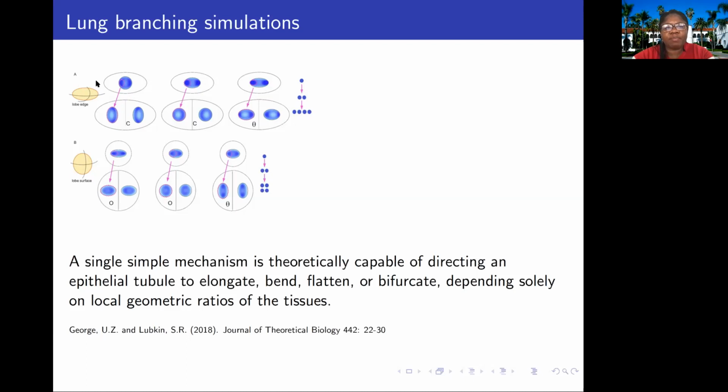The first row represents the loop edge, and then we look at different shapes of epithelium. We look at a circular one, and then we ask, what if it was elliptical, and what are the branching patterns we find. And then we see that the shapes of the branching, which we highlight in pink, are a bit different.